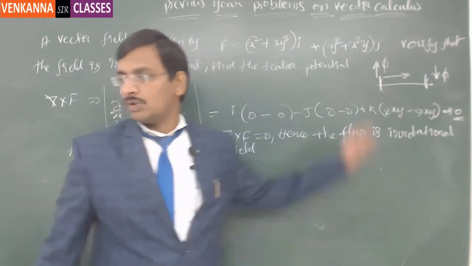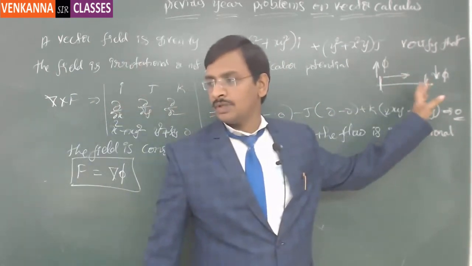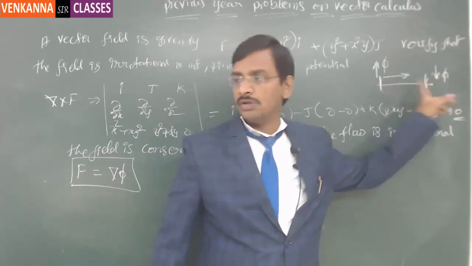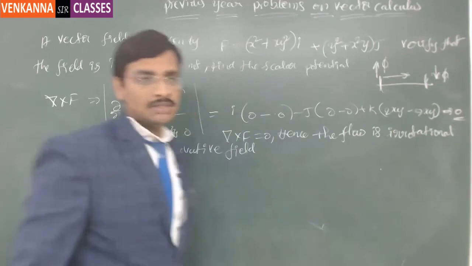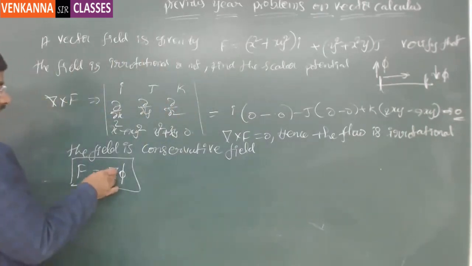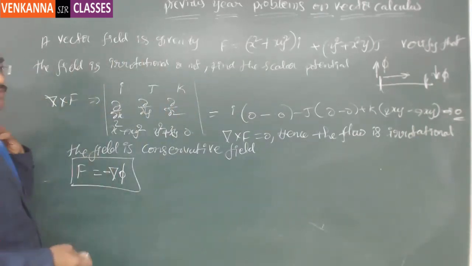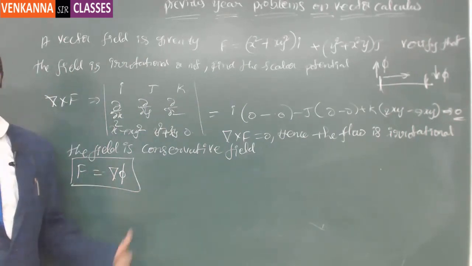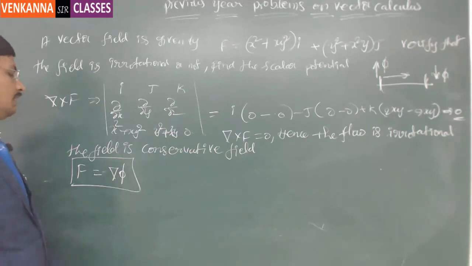Got it? So higher to lower. If you take this minus this, it is going to be a negative value, but the flow is towards the negative direction. That's the reason we usually treat this as minus, but for mathematical purposes you don't need to consider this. Got it? Yeah.